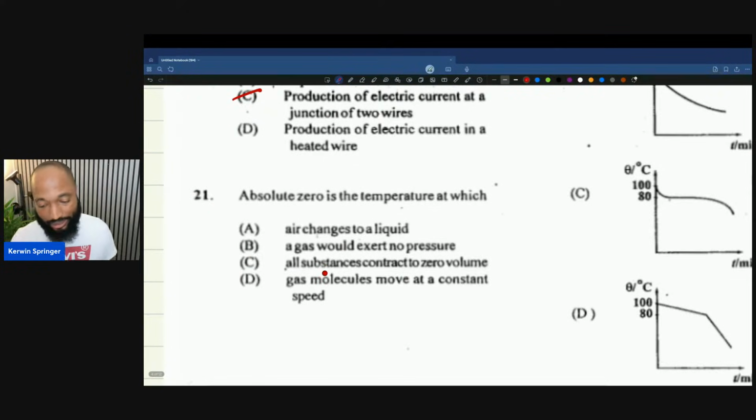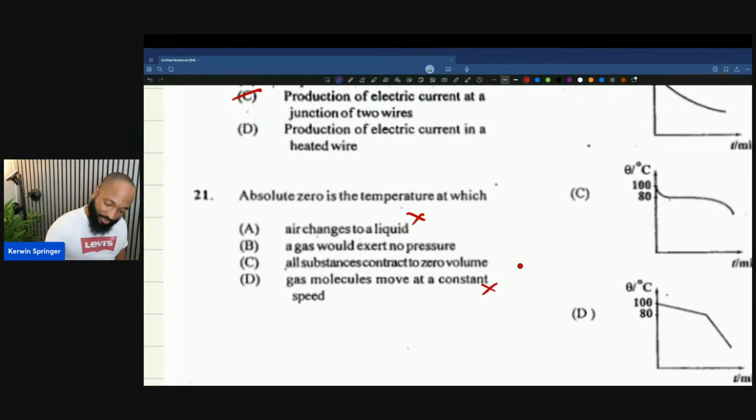Absolute zero is the temperature at which air changes to liquid. No. A gas would exert no pressure. Yes. All substances contract to zero volume. Also kind of yes. Gas molecules move at a constant. The volume comes down to closer to zero, but there'll still be forces of attraction between molecules. They say all substances, it's more like gases.